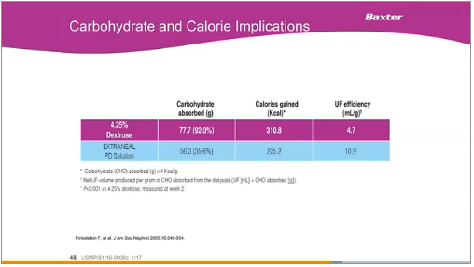So you see the dextrose panel there. Look right under that with light blue. The Extraneal carbohydrate absorption was decreased. The Extraneal caloric gain was less. And the ultrafiltration efficiency, the ultrafiltration per gram of carbohydrate absorbed, was double.